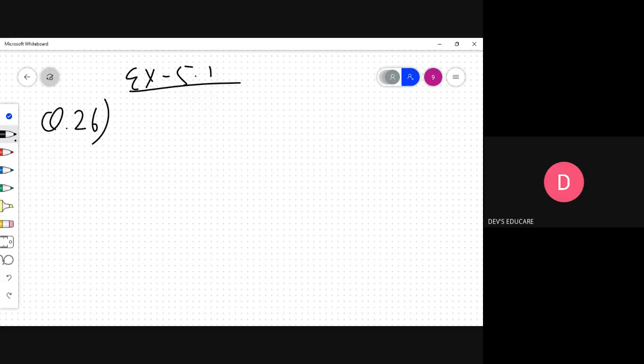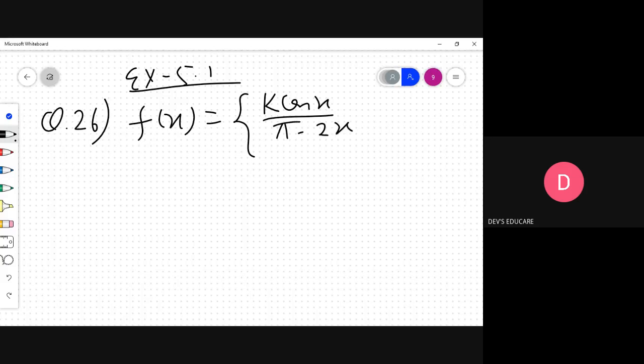Exercise 5.1, question 26 is f(x) equals k cos x upon pi minus 2x if x does not equal pi by 2, and it is 3 if x equals pi by 2.